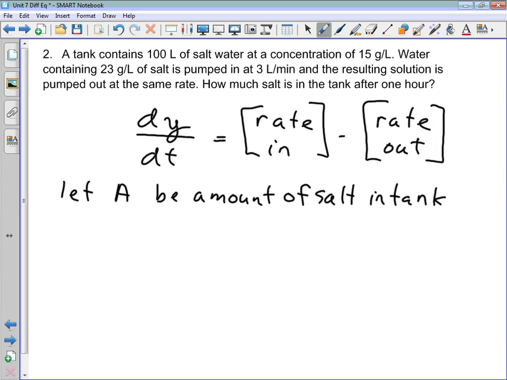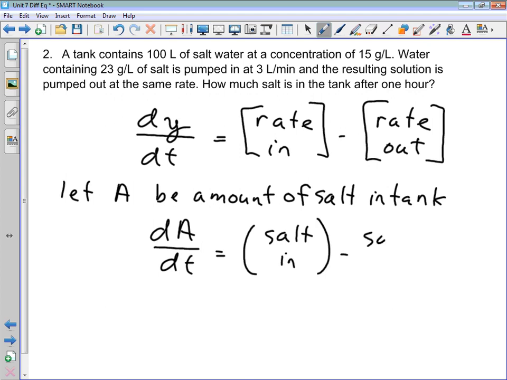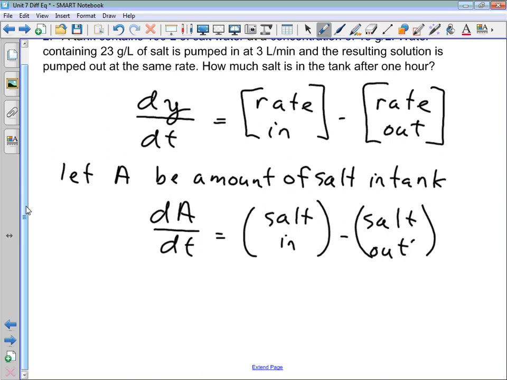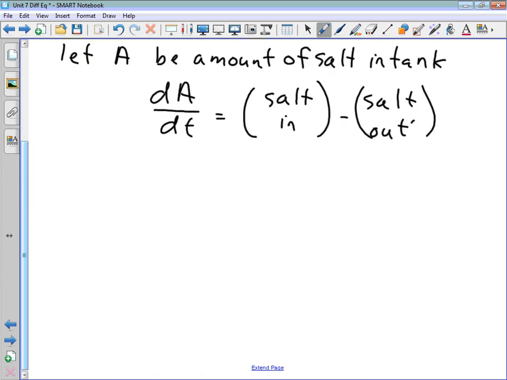So the differential equation we're going to have is dA/dt is equal to the amount of salt that is coming into the tank minus the amount of salt that is flowing out of the tank. So let's come up with expressions here for the amount of salt coming in and the amount of salt coming out.